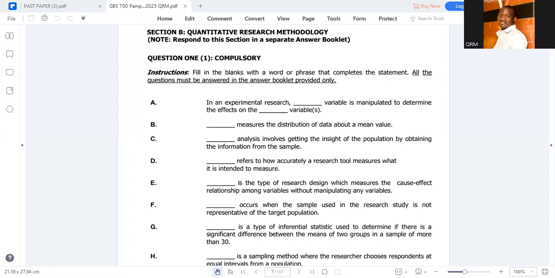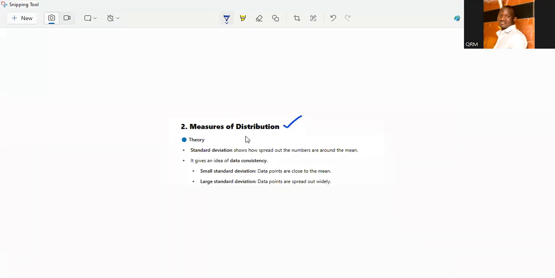Then we later on went to talk about measures of distribution in research. So when you're dealing with measures of distribution in research, we looked at issues to do with what? Standard deviation. When our standard deviation is high, it means that we are deviating as much from our expected outcome. So standard deviation is a measure of distribution which helps us explain the spread of the numbers around the mean, like we do in QM.